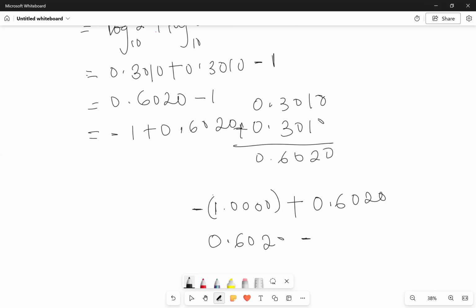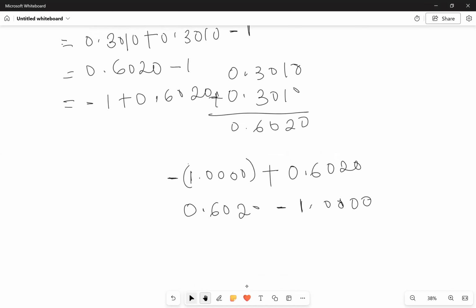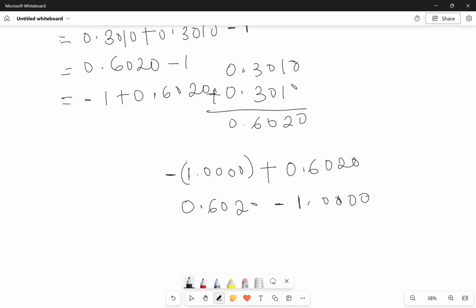This minus 1.000. We just have to be careful with the negative signs. Now, from this, it's evident that 1 is bigger than this side. So let's conduct a layman subtraction. I'll prefer to write the 1 first, then 0.6020. When we are done, we'll attach the sign.